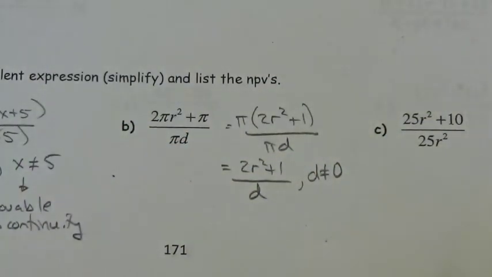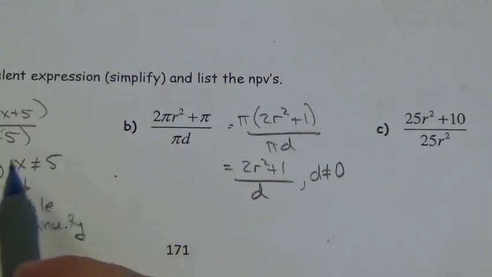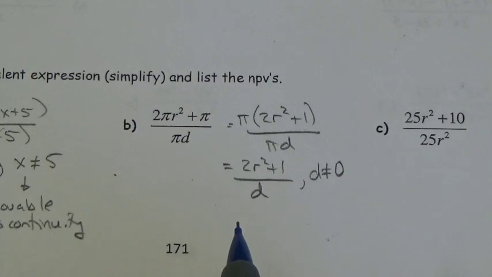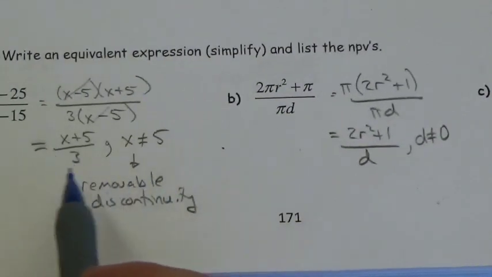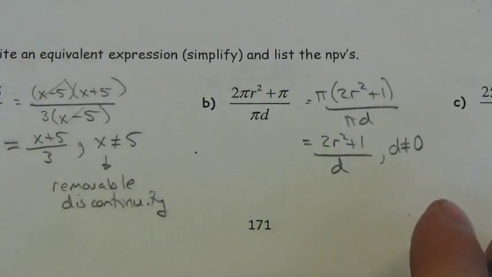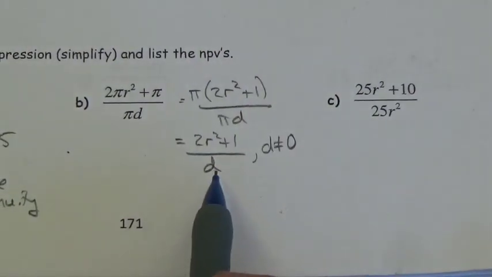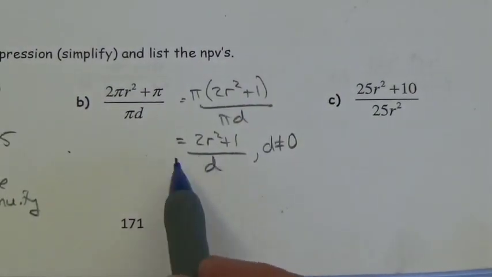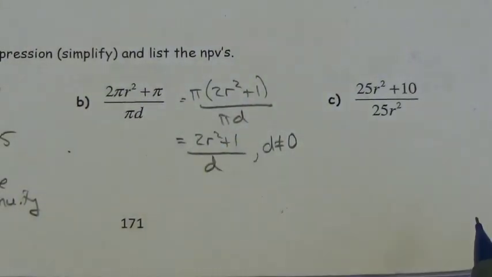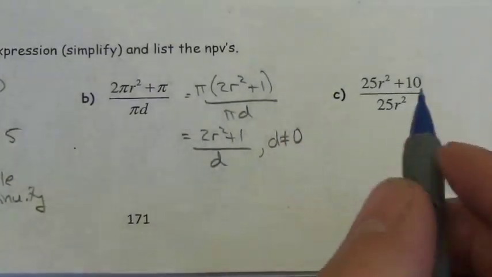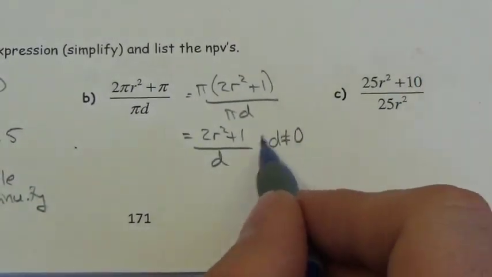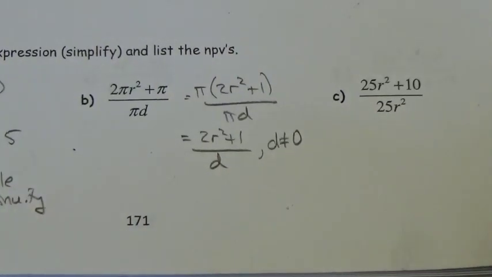However, in this particular course, you should state all of the non-permissibles. In the previous question, it was necessary to state that x can't equal 5 because it was no longer a problem in the denominator. Here, it still is, and I can clearly see that in my expression here. However, to get the mark, to jump through that hoop, you need to state that d cannot equal 0.